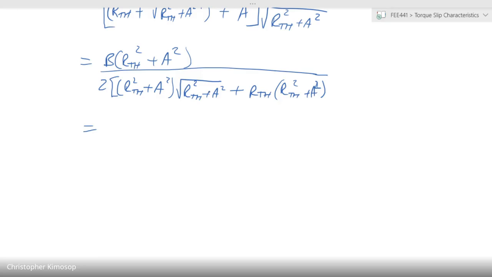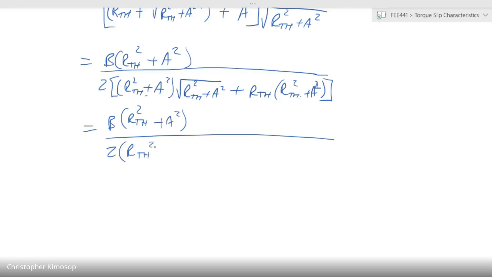So now that one, we in turn factor it out so that it then becomes, once again, something a bit shorter, R Thevenin squared plus A squared over 2 times. These two factors exist in both of them. R Thevenin squared plus A squared times R Thevenin plus square root of. Okay. So then what we end up with is, you've cancelled that.